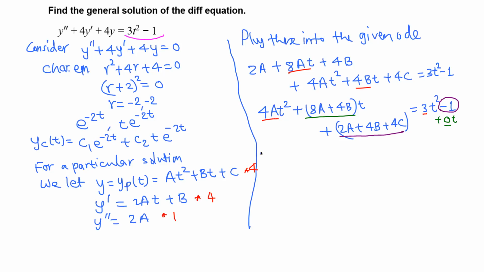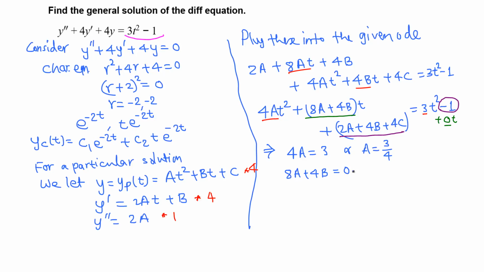So, equating the coefficients, 4A equals 3. From this we find the value of A, which is 3/4. And the coefficient of t is 0, so 8A plus 4B equals 0. Since we know the value of A, B is the only unknown and we should be able to find it.